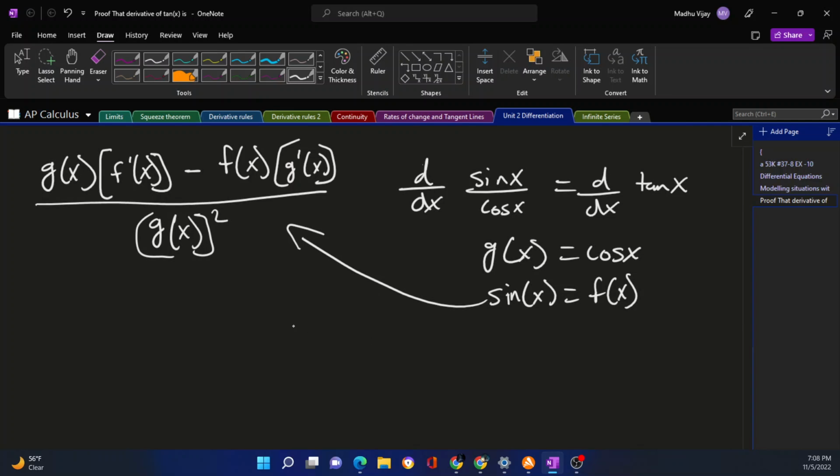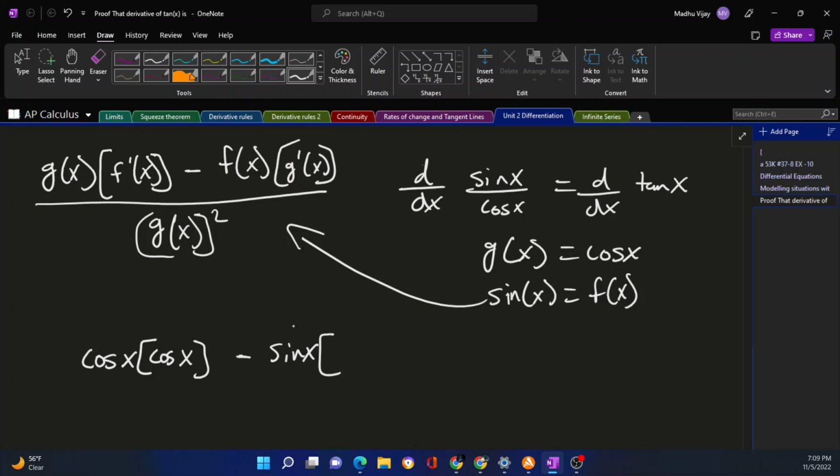g of x is cos x, so cos x times f prime of x, the derivative of f of x, which is cosine of x, so cos x, minus the top function, f of x, which is sine x, times the derivative of g of x.